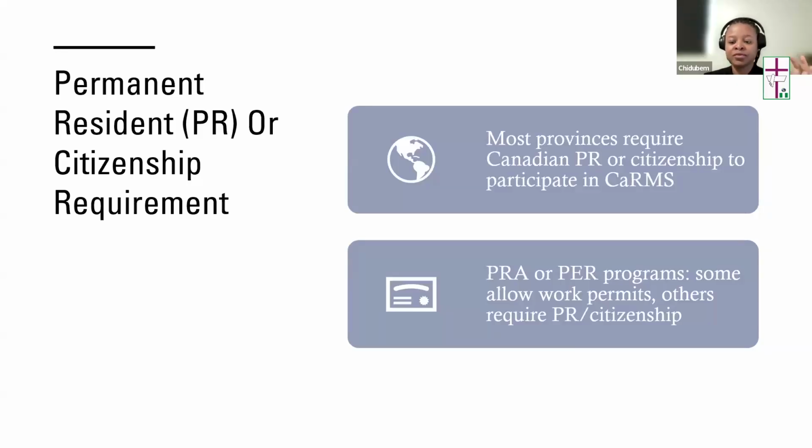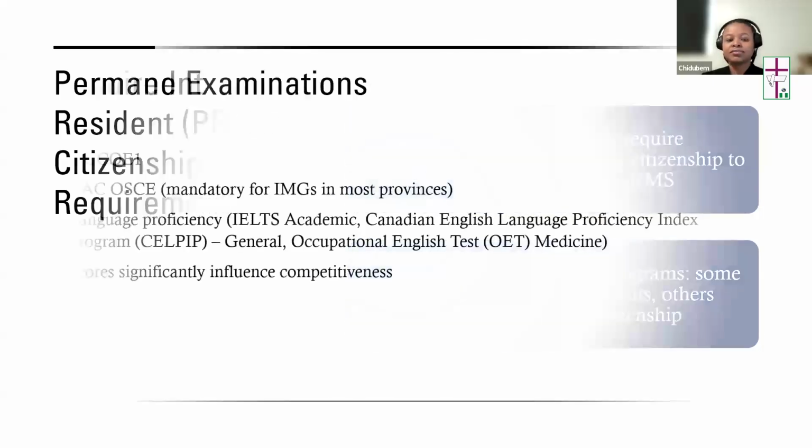So immigration is a very critical step while you are planning everything. You need to check your own eligibility and know the pathway that fits you best to become a Canadian PR, because if you do not get your permanent resident status, you will not be able to start your residency program. People have lost their residency positions; they were able to match, but they couldn't start because of that. So that is very important.